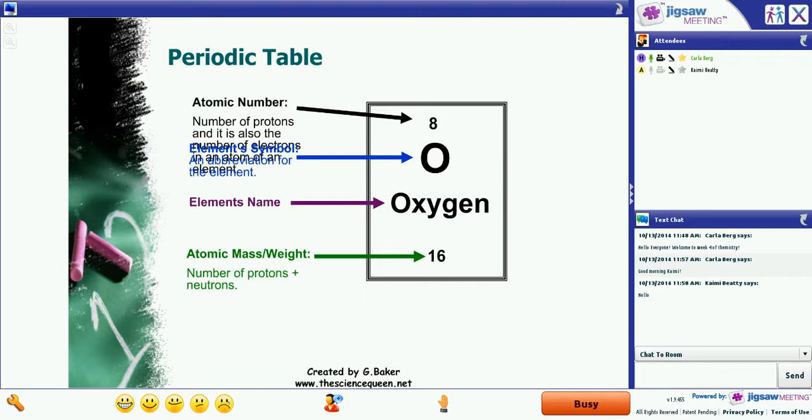The O is the symbol for the element. Some periodic tables have the element name, some do not. And then at the bottom, there's a number, and that's the atomic mass, or the atomic weight. That's the number of protons plus neutrons.